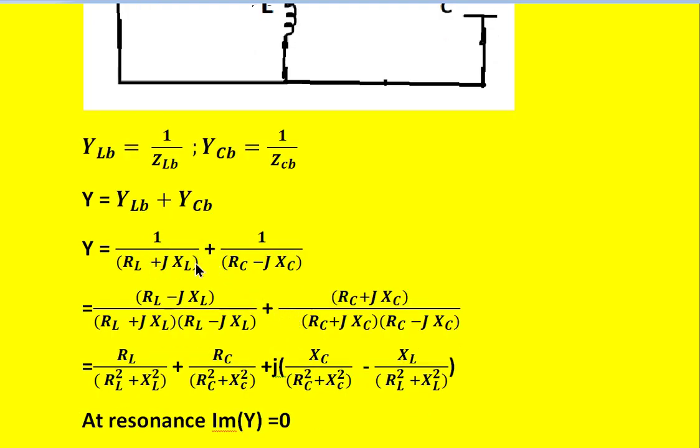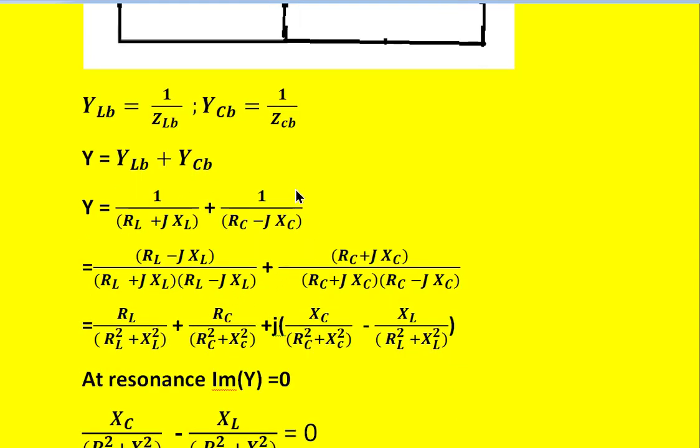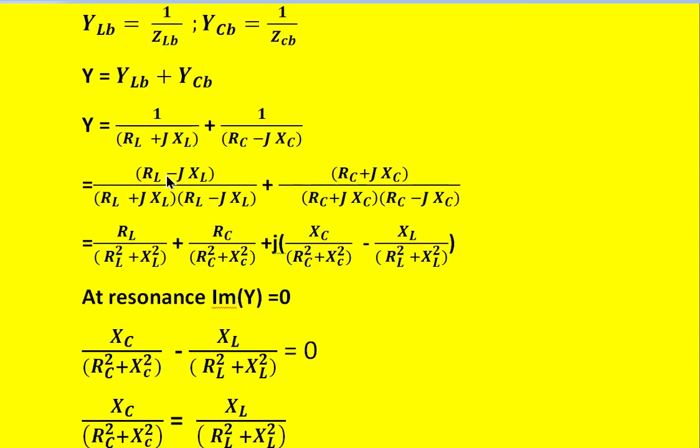Multiplying the first term's numerator and denominator by the conjugate of the denominator. Similarly, in the second term also, multiplying the numerator and the denominator by the conjugate of the denominator. So that is RL minus jXL, the conjugate, coming in the numerator.